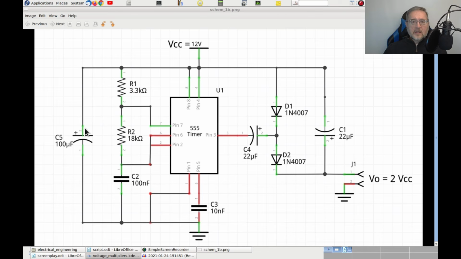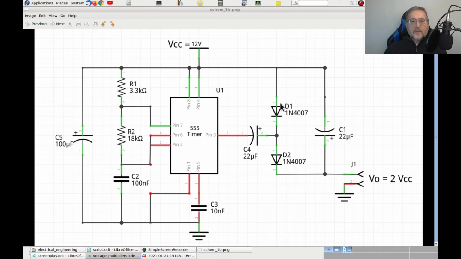Capacitor C5 is used to keep stable the voltage provided by the power supply, which I fixed to 12 volts. Capacitor C3 is required by the IC specs to keep stable the reference voltage generated inside the 555. The output is on pin 3, which goes directly toward C4, which along with C1, D1 and D2 is part of the circuitry to double the variable 12 volts.